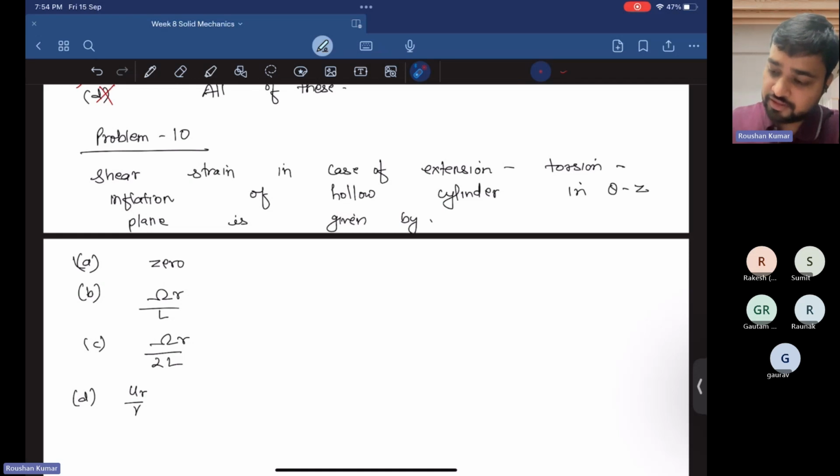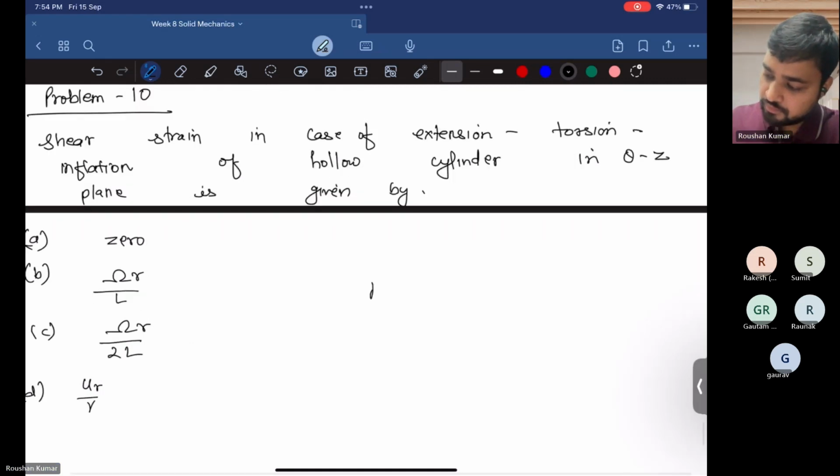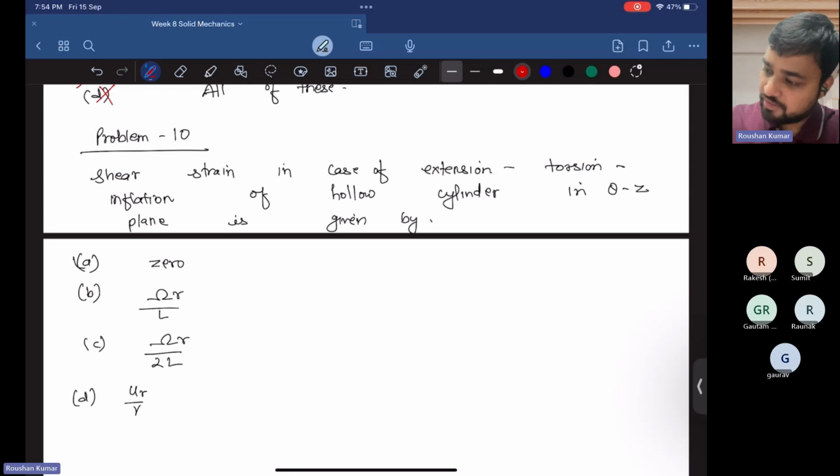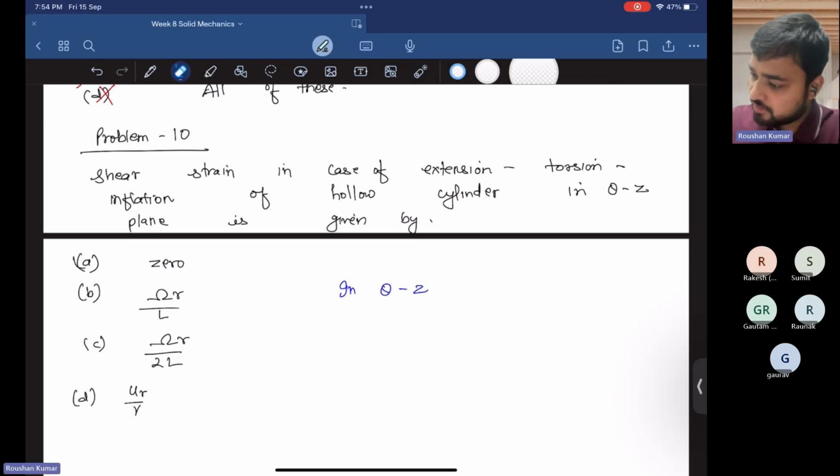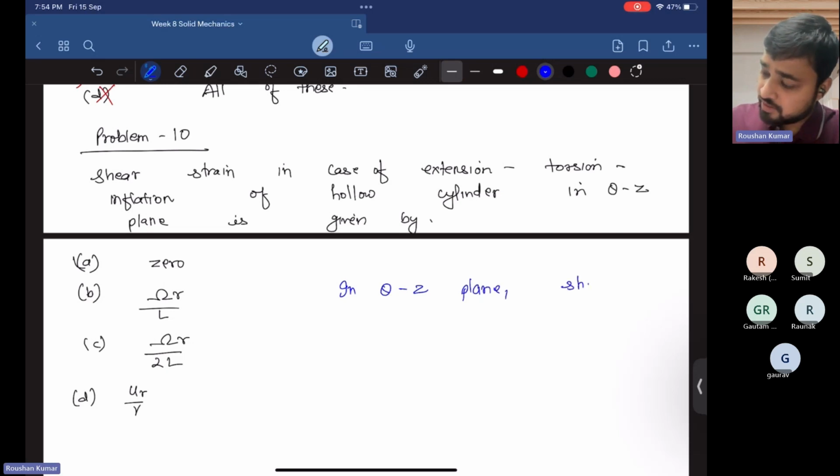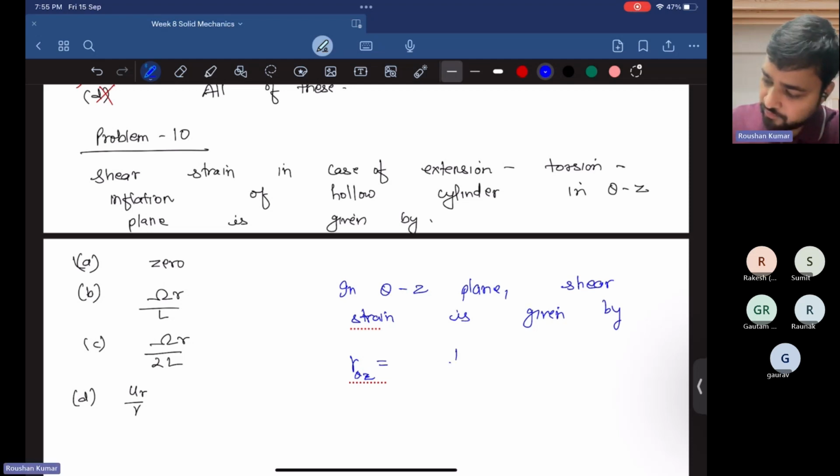I am repeating the question. So in theta z plane, shear strain gamma theta z is given by del u theta upon del z plus 1 by r del uz upon del theta.